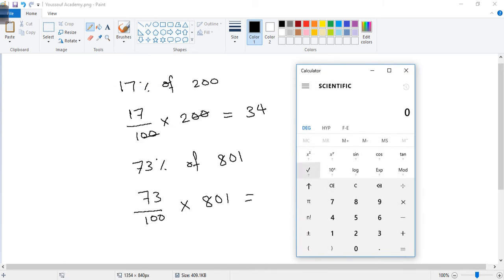First of all, 73 divided by 100 will be 0.73, and we times that by 801, and the answer is 584.73.